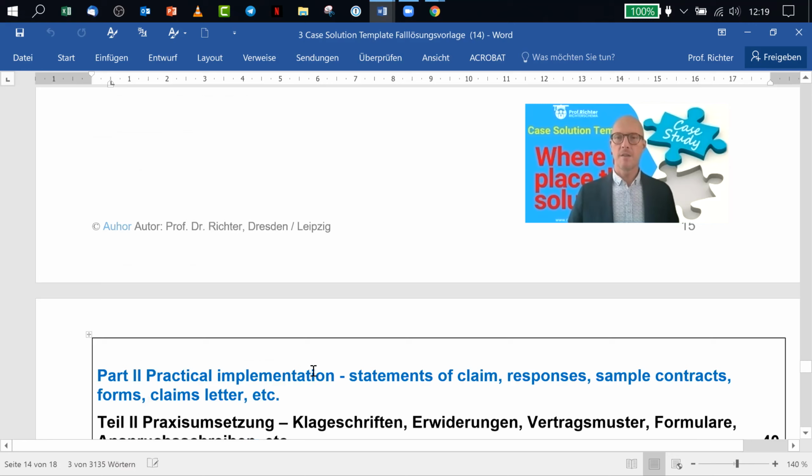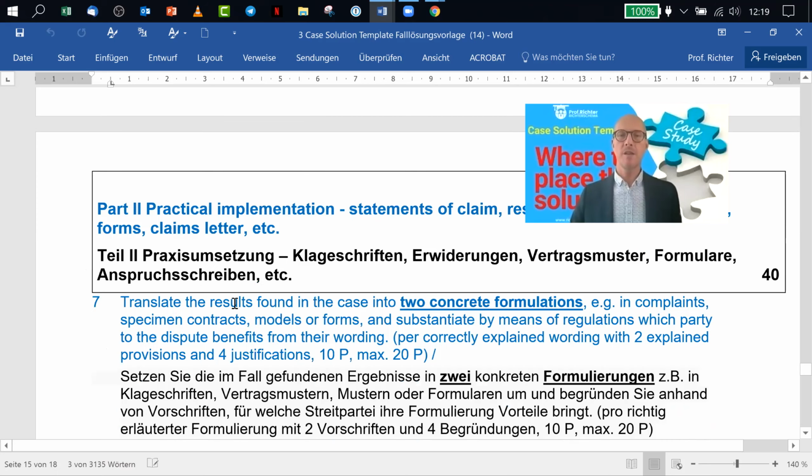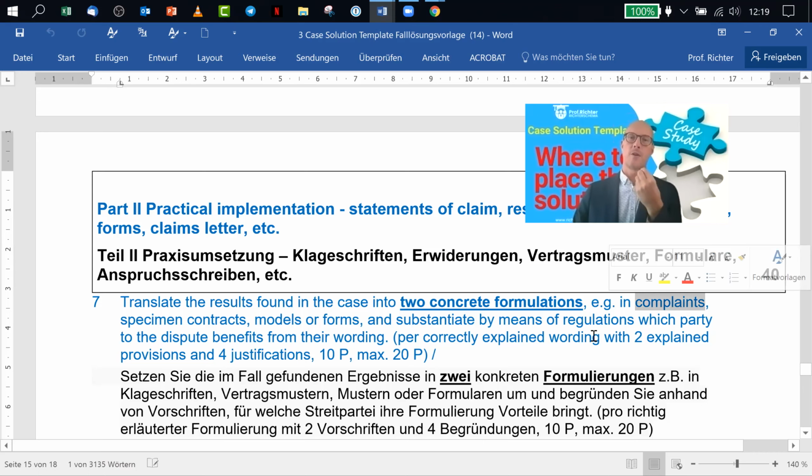Okay, this is all the theoretical background of a case. In part 2, I want you to translate all the results you found in the case. I want you to give me 2 concrete formulations. This formulation can be the argumentation in the complaint, for example, of the buyer.